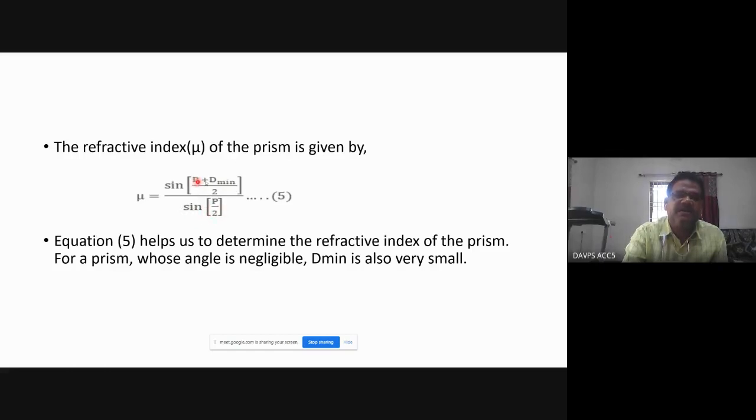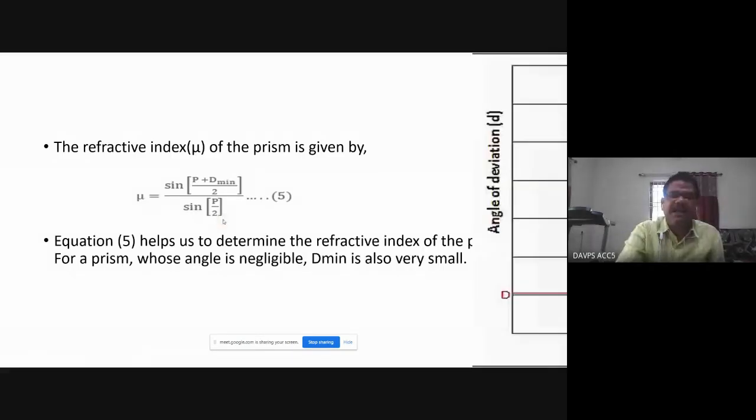Are you getting this or not? Mu equals sin of P plus Dm by 2, divided by sin P by 2. This is the required equation we have to derive for the refractive index of the prism. That is also told as the prism formula. Clear? This is the prism formula. You have to write down this one.